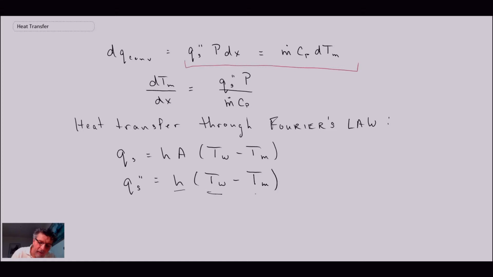There we have our wall temperature and then the bulk temperature. And I am going to use this expression and bring it up into here for the Qs double prime term. So let's go through that process.